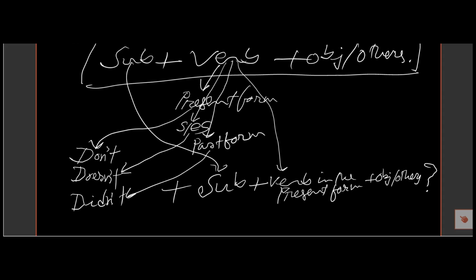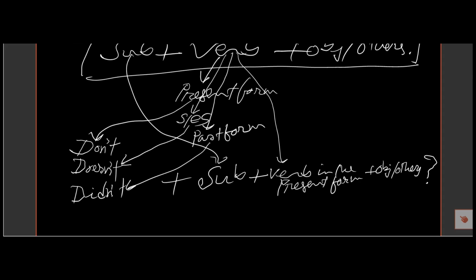And if the verb is in the past form, we must use didn't. Then the subject comes after don't, doesn't or didn't, and after the subject the verb will be in the present form, then object or others, the rest of the sentence, and at the end there will be an interrogation mark.